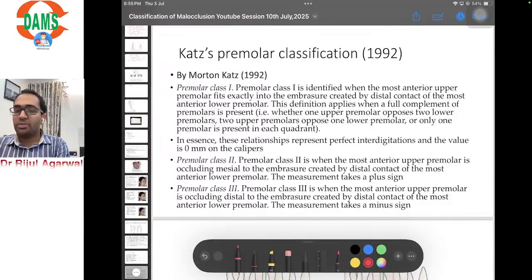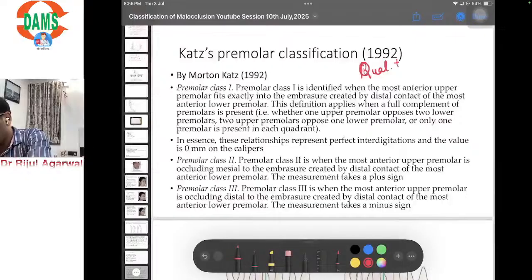Quality means we were just telling them as 1, 2 and 3. We were not measuring how much class 1 or how much class 2, how much in mm. So the Katz premolar system was the first one that gave us a qualitative plus quantitative method.